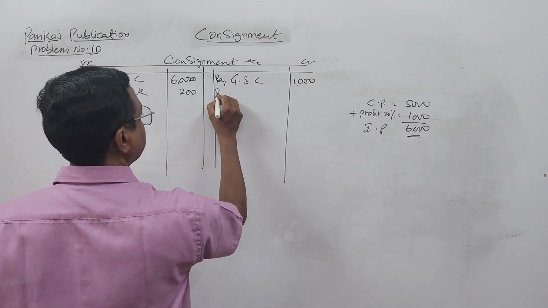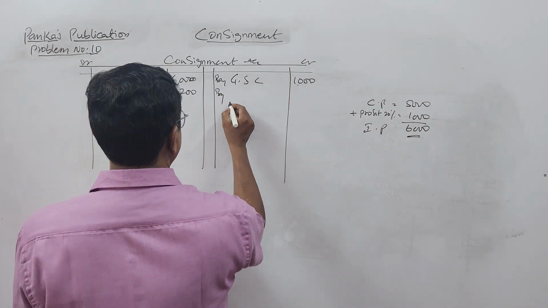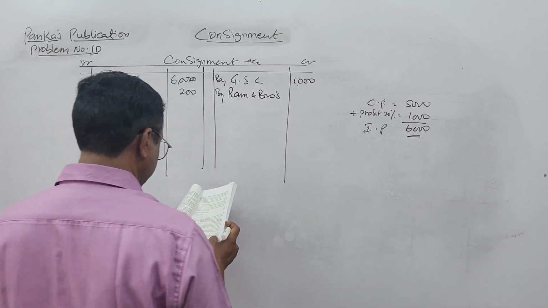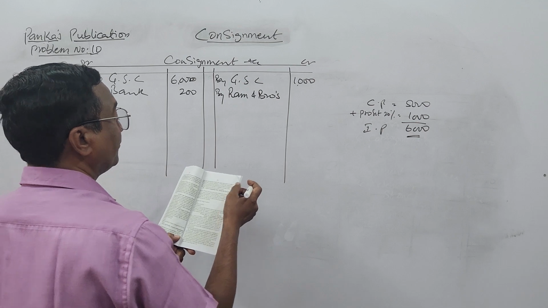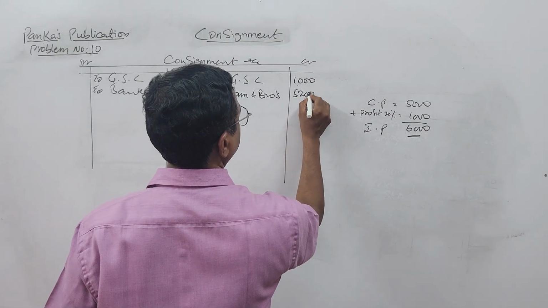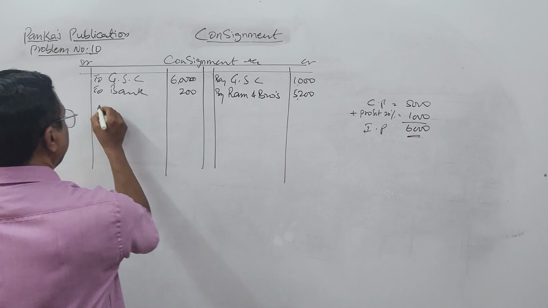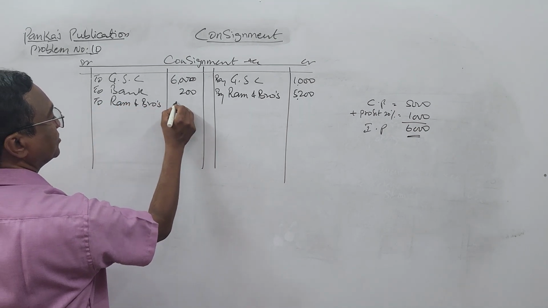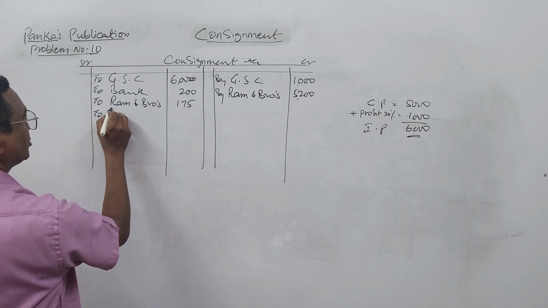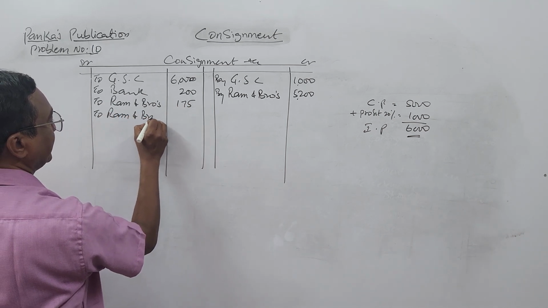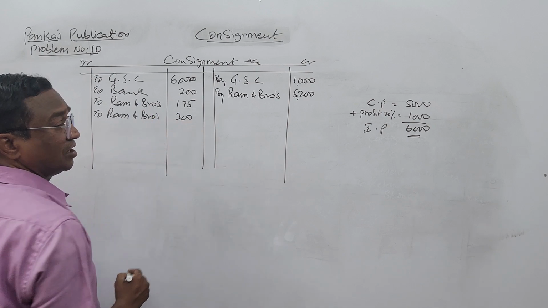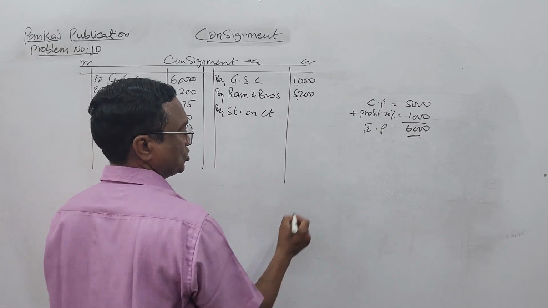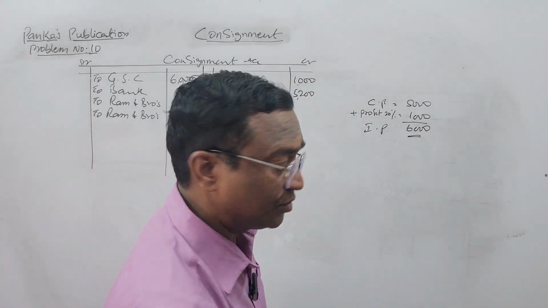After this, Raman Brothers of Lucknow sold for 5,200, which is directly given in the question. Expenses of Raman Brothers given in the question, 175. Commission is also directly given, so no need to calculate. So Raman Brothers, 300. After this, we need to find out stock on consignment. For that, let us use the working notes.